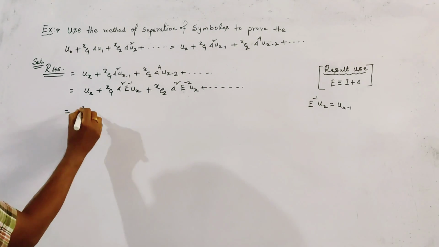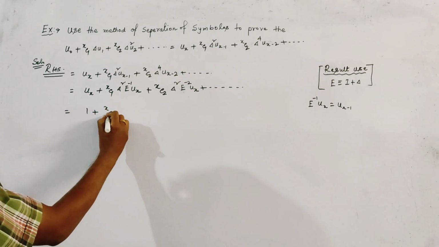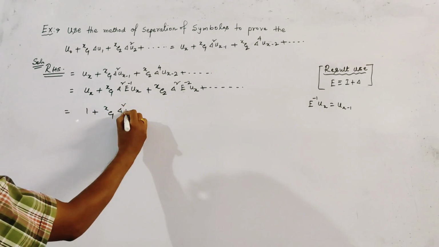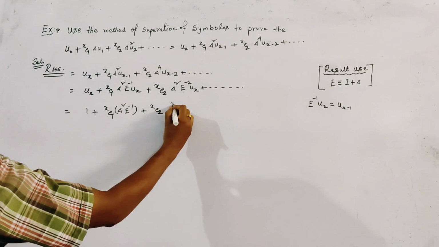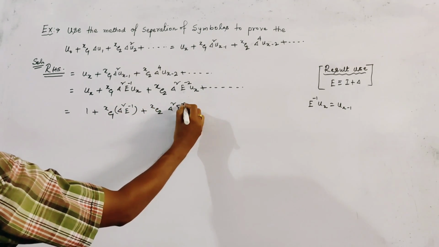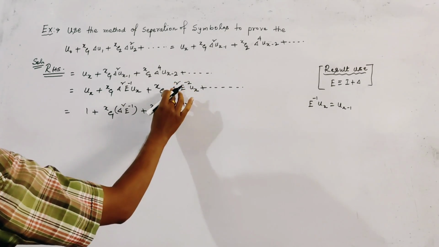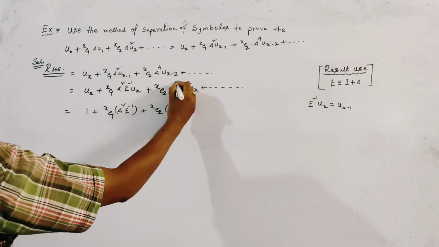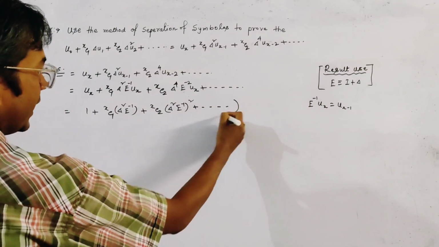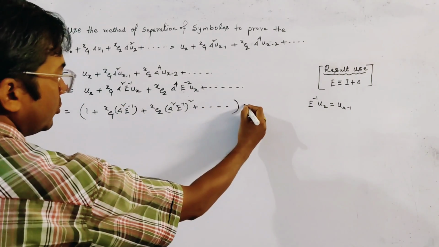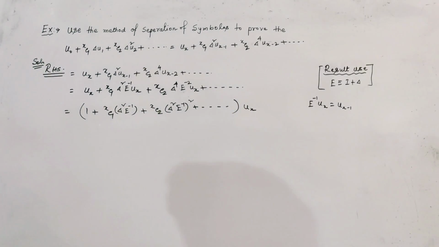And this relation can be written as 1 plus xC1 Δ²E^(-1) plus xC2 (Δ²E^(-1))². We write here, this is not Δ², this is Δ⁴, and so on, and we take common ux from the right.